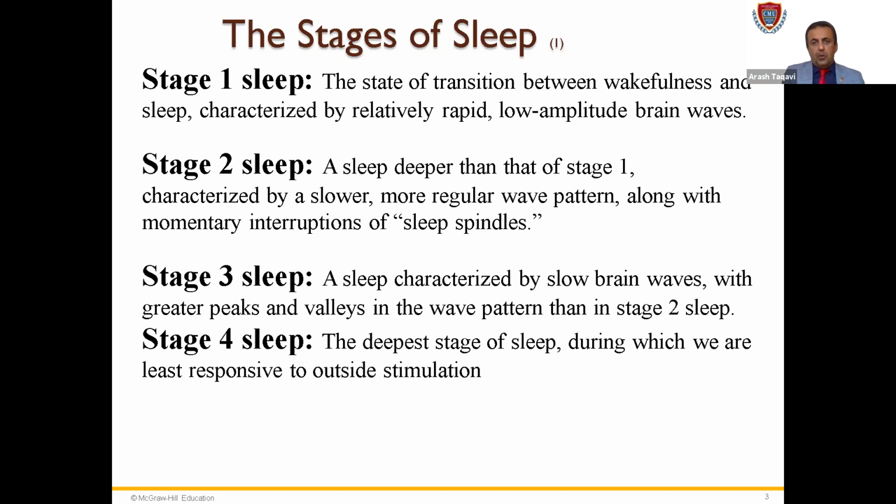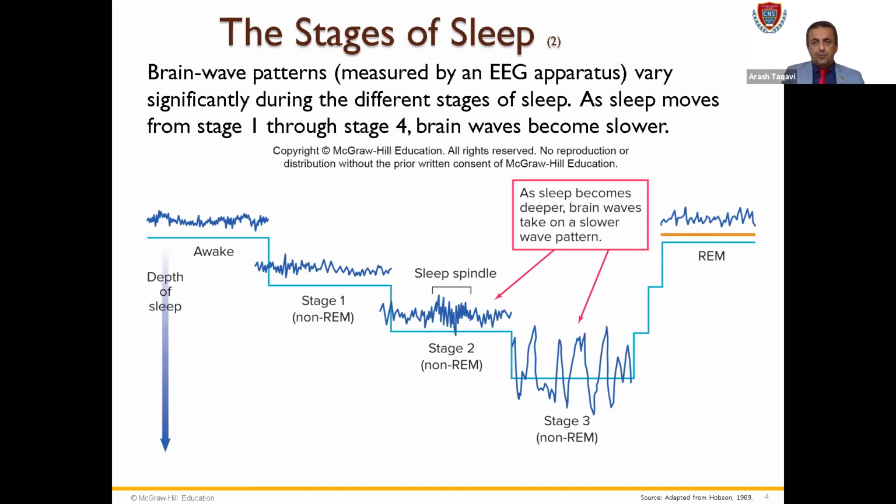And in stage 4, we have the deepest stage of sleep, which is rapid eye movement, during which we are least responsive to outside stimuli. This is very deep. You can see the changes in the brain waves here: awake, then stage 1, stage 2, stage 3, all of which are non-REM, and stage 4 is rapid eye movement.